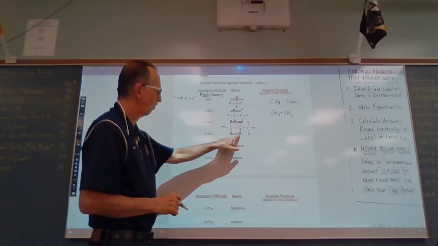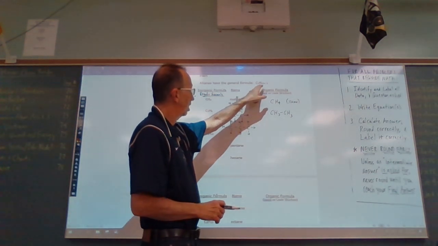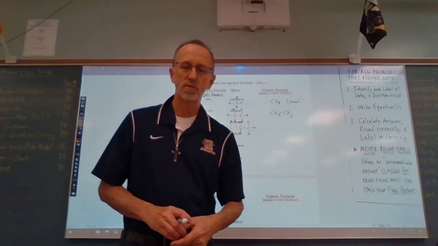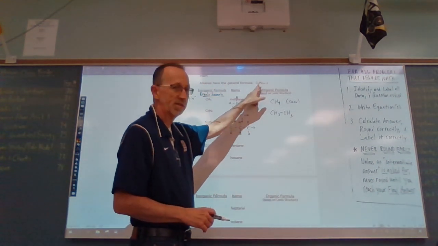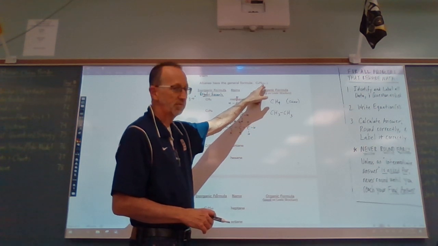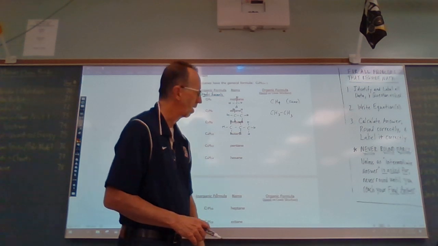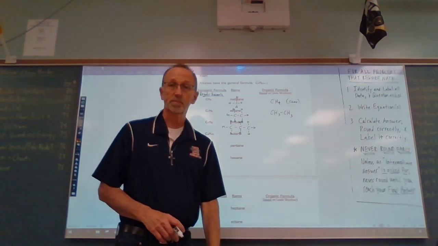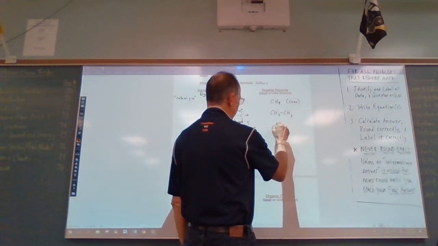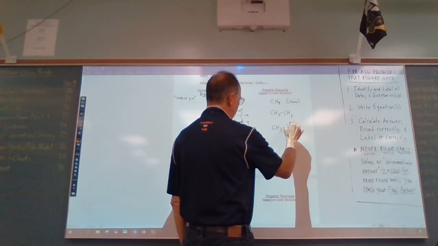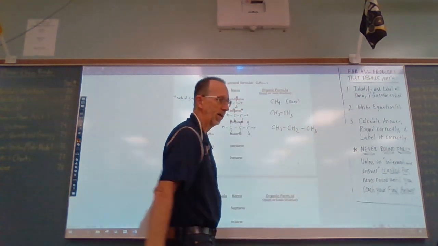Well, look, we got 3, 4, 5, 6, 7, 8. C3H8, all right? And remember the general formula, C to the N, H to the 2N plus 2? All right, well, in propane, we had 3 carbons, so N is 3. 3 times 2 is 6, plus 2 is 8 hydrogen, which is exactly what we drew here in its Lewis structure. All right, so its organic formula would be CH3 single CH2 single CH3.